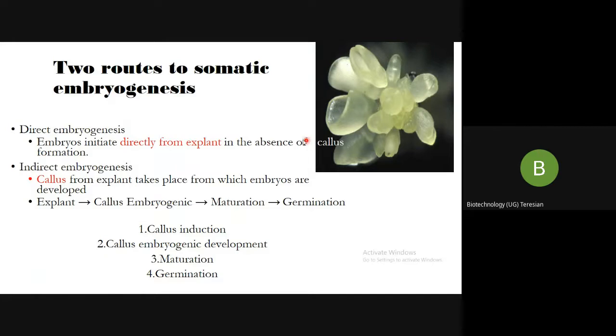Obviously, because you have taken an explant. What is an explant? We said it is a part or a piece of a tissue or cells or organs from a plant which you have chosen. You have chosen that explant and you're directly developing the embryo, and that embryo will develop into a whole plant. When it develops into the whole plant, don't you think it will be exactly the same as the parent plant or the mother plant?